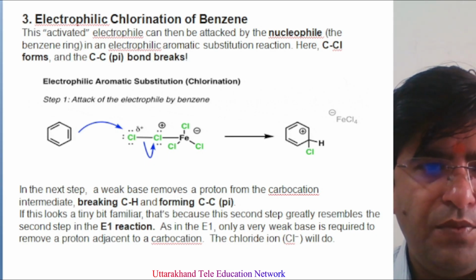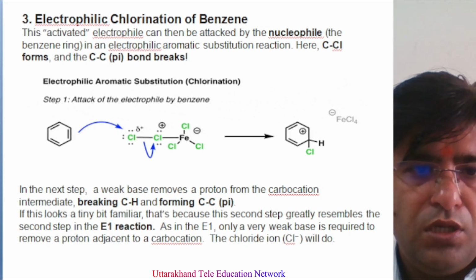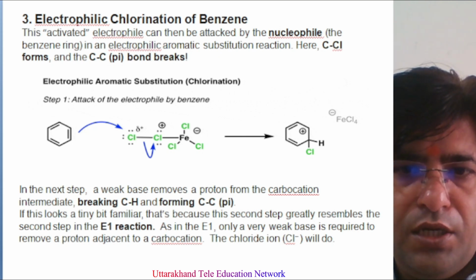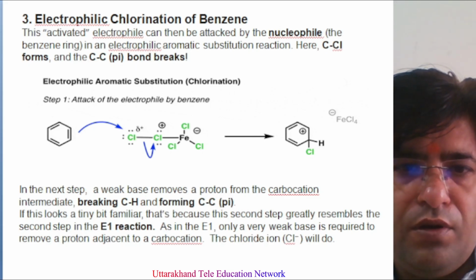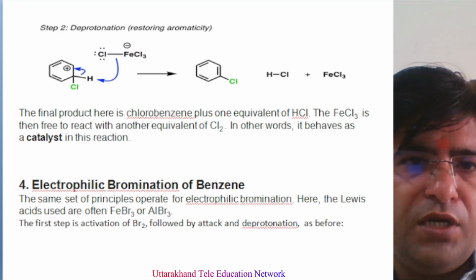In the next step, a weak base removes a proton from the carbocation intermediate, breaking the C-H bond and forming a C-C pi bond. If this looks a teeny bit familiar, that's because this second step greatly resembles the second step in the E1 reaction, as only a very weak base is required to remove a proton adjacent to a carbocation, and the chloride ion will do. Step 2, deprotonation, restoring the aromaticity.